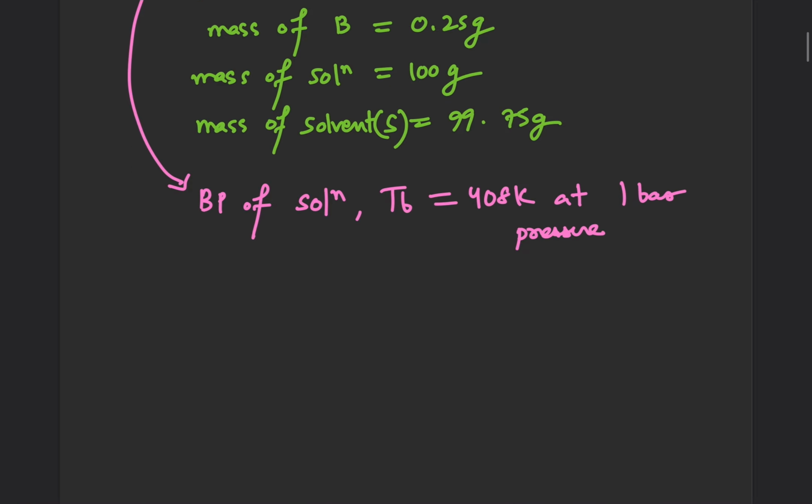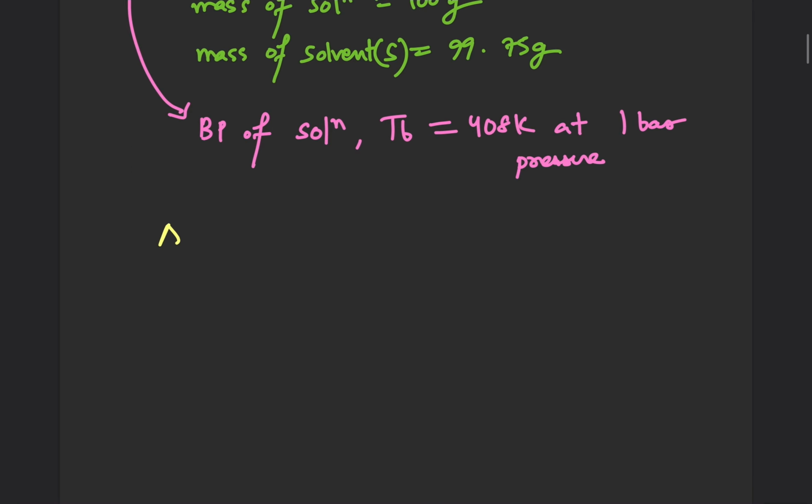Okay. So we know that delta T_B is equal to i into K_B into m, right? Where delta T_B is the elevation of boiling point, which is one of the colligative properties, i is the van't Hoff factor, K_B is the molal elevation constant, and m is the molality of the solution.